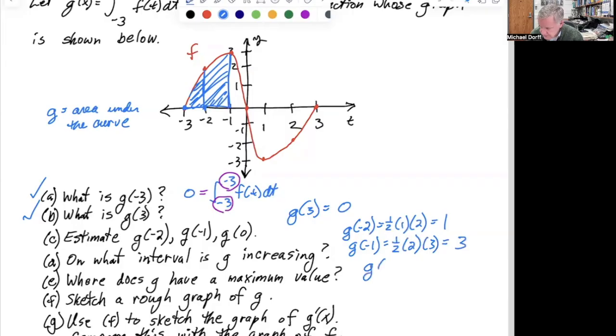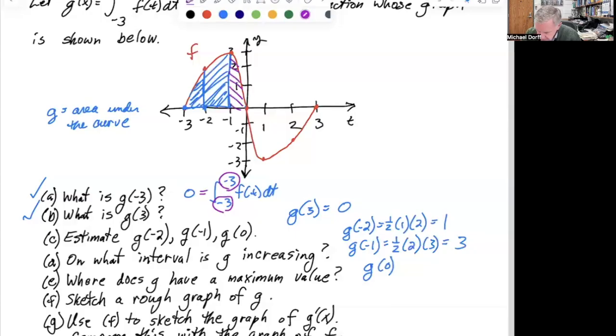And lastly, g of 0. All right, so I'm going over here. It looks like I'm adding on this extra triangle here that I drew in purple. So it's going to be the area of the blue triangle, which we just figured out is 3, plus the area of the purple triangle. The purple triangle is a triangle of base 1, height of 3.